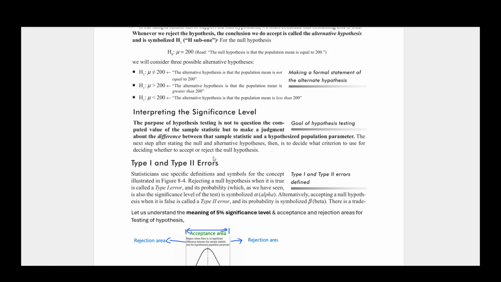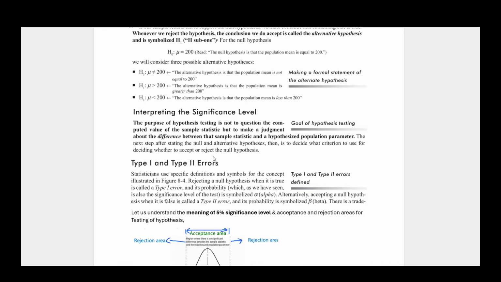If there is no significant difference between what the sample is indicating and the hypothesized mean, then we accept the hypothesis that the population mean is so and so. That is why significance comes into the picture, and there has to be a significance level which we must declare before we start hypothesis testing.